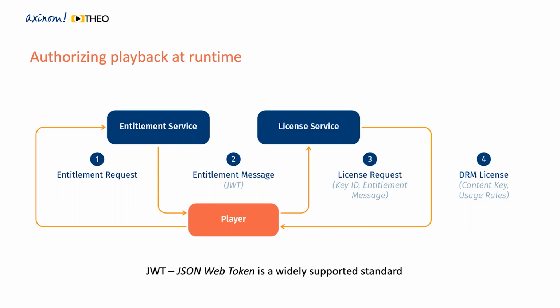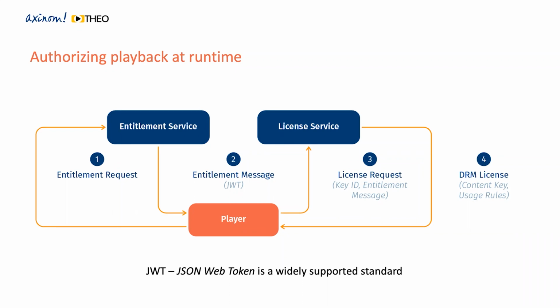And this controls everything that is later then translated into the DRM license. For example, playback duration, persistence of a license on the device, or also output protection. Should this player be able to only play it on an internal screen, or is it allowed to display this on some external screen as well? Such information goes inside the entitlement message.